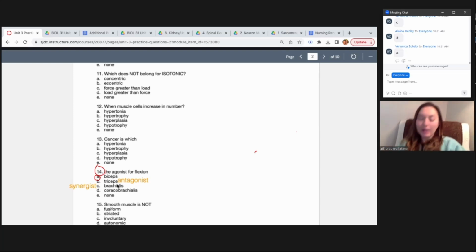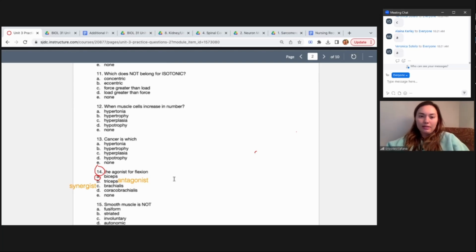In case you're panicking and you're like, oh no, I don't know all the actions for all these muscles, this is the only one you need to know, okay? So this is the only example that we give you to know biceps, triceps, and brachialis, okay? So don't be panicking.